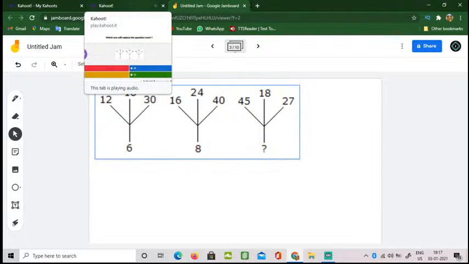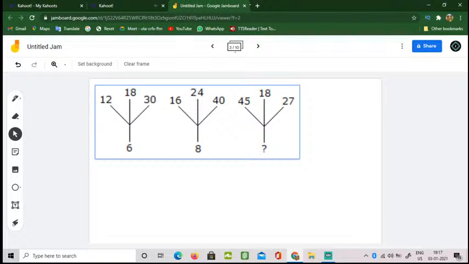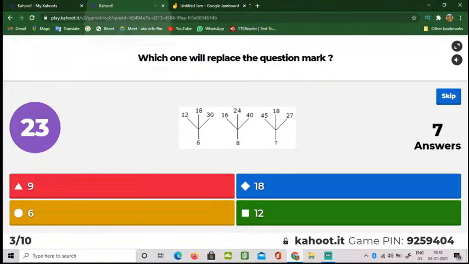Okay, guys, I hope it is all clear. It's only the question I'm displaying on the Jamboard. You have to answer it in the Kahoot as before. Now let me show you the options. That is 9, 6, 8, 18, and 12.